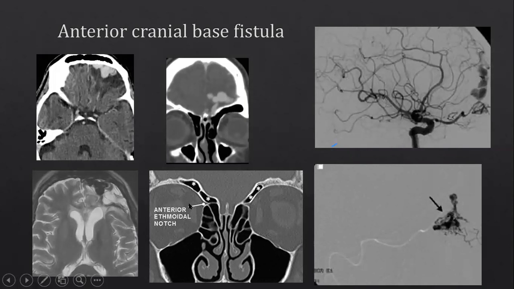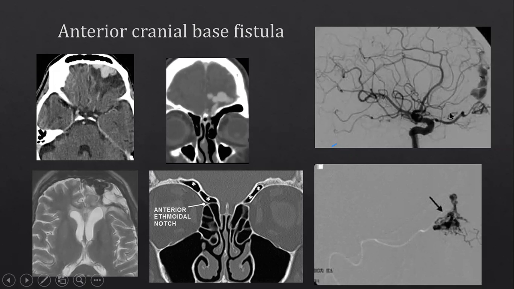And just to remind us, these venous varices are because of a fistula, and the fistula is in between branches of the ophthalmic artery. So this is the internal carotid artery angiogram, the ophthalmic artery. These are the arteries leading towards the fistula, and this is the fistula's communication. And these are the intracranial venous varices, and these are the venous varices which we are appreciating on the CT scan and on the MR scan.